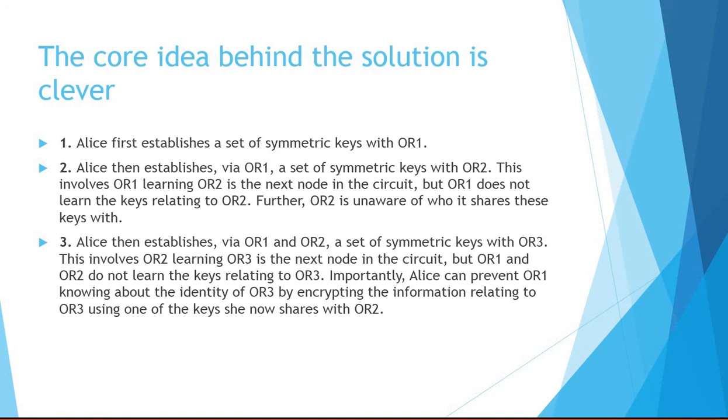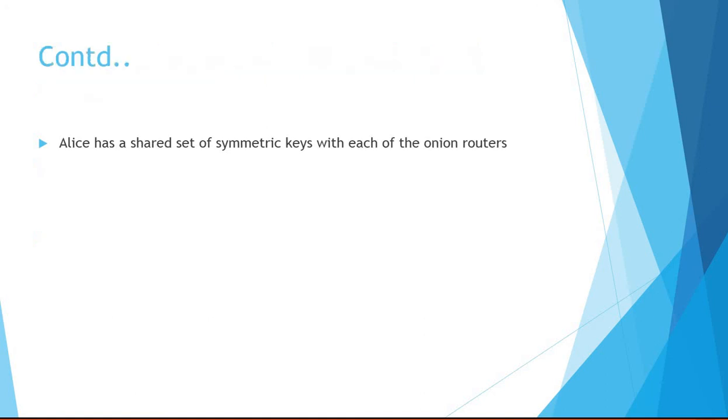Then through OR1 she establishes the key with OR2. Then through OR1 and OR2 she establishes the key with OR3. That is the core idea, and they have built this very intelligently.